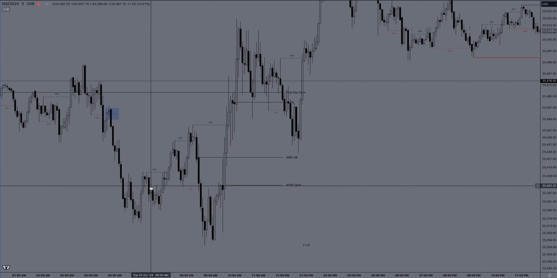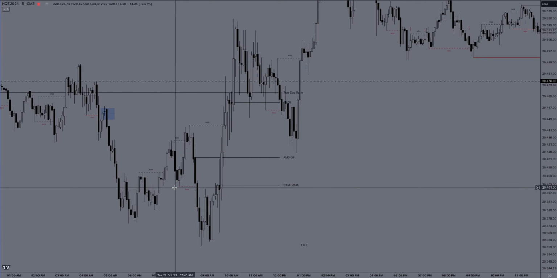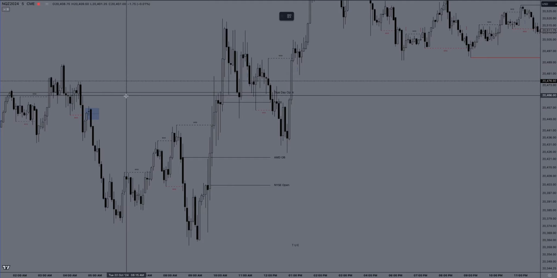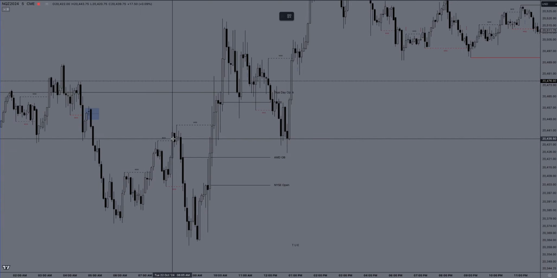Then we enter into the morning, early morning, between 6 and 7. We do get that market structure shift to the upside. And now we get the confirmation from a market structure shift, and we're not going to just take the trade straight off of that. We're going to actually wait for the breaker structure.